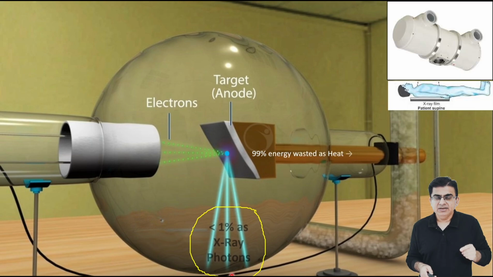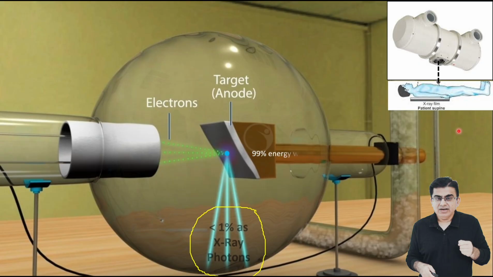This is a real image of an X-ray tube, and this is the window from where this beam comes out like this. This is exactly how we harness the power of this radiation.